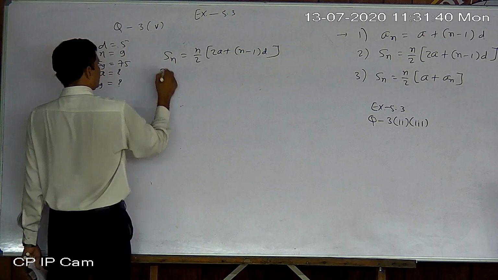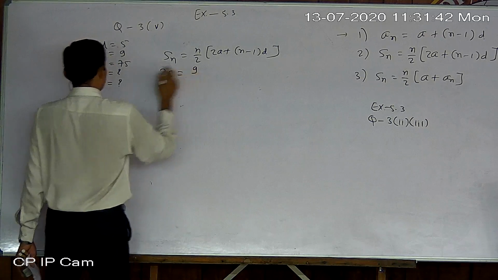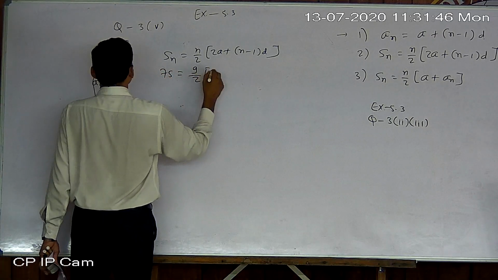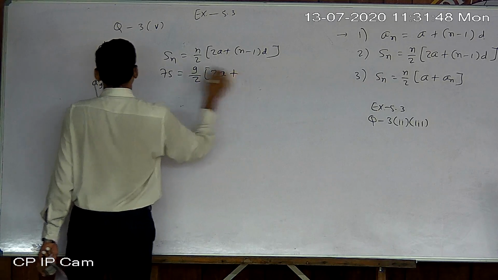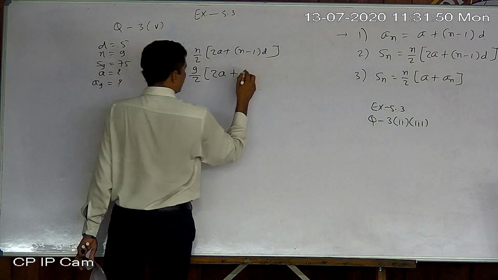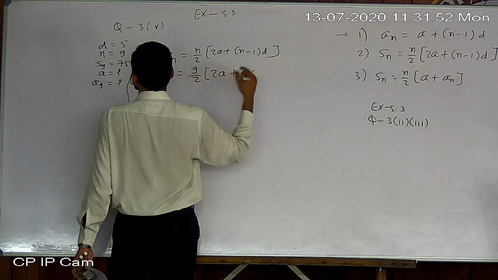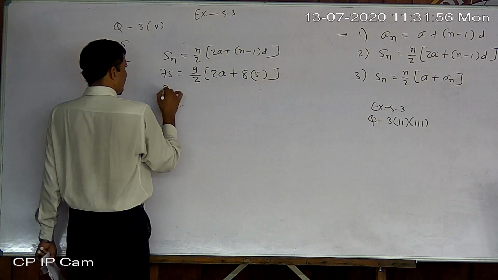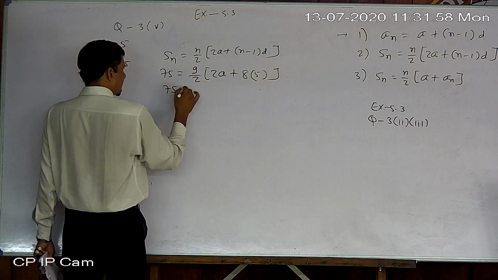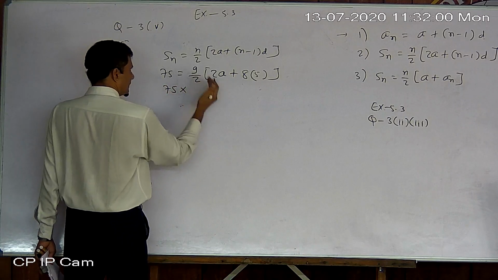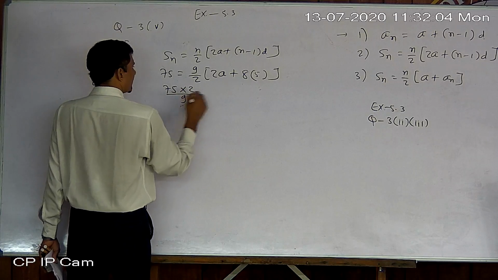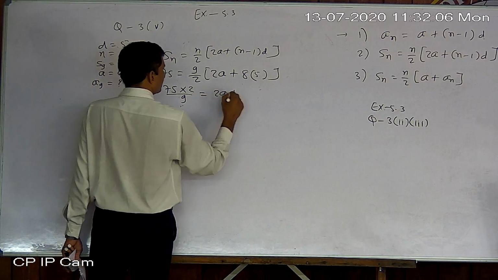Write down Sn, 75; n is given, 9, by 2, 2a. A is not given; n is given, 9, so 9 minus 1, 8; d is given, 5. So 75, 2 upon 9 equal to 2a plus 40.